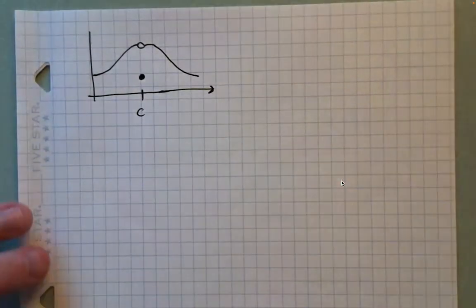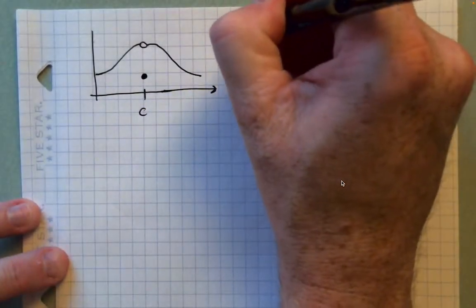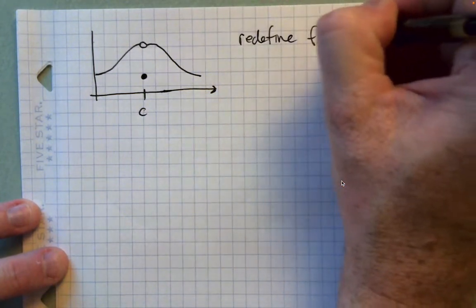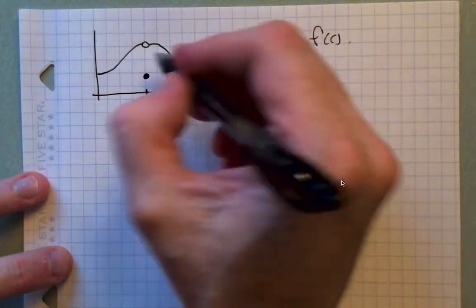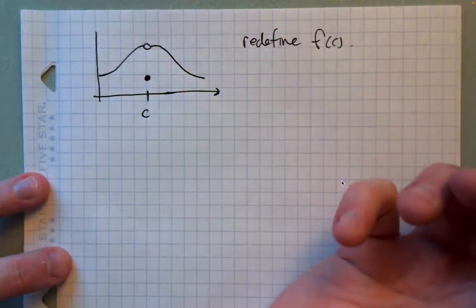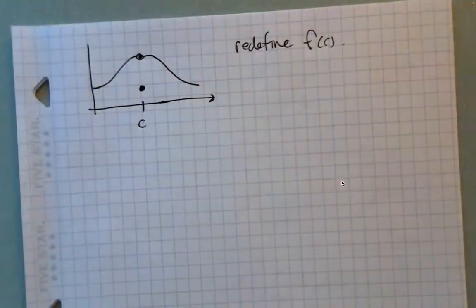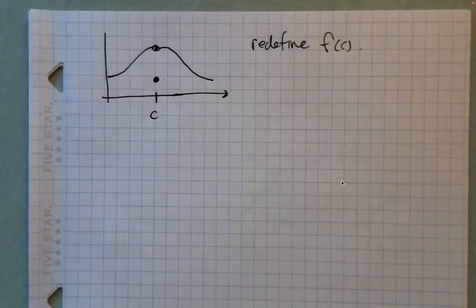What I would have to do is redefine f of C, such that the hole gets kind of plugged.